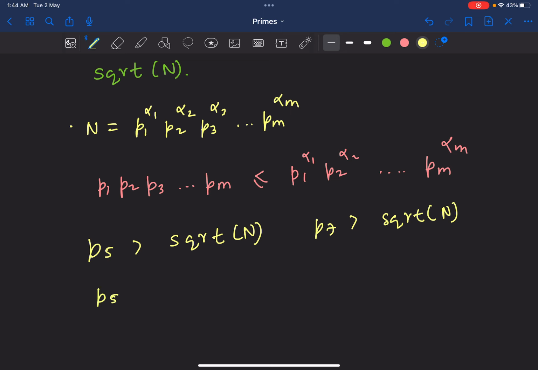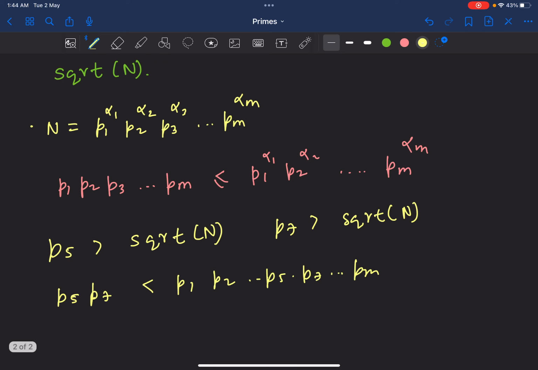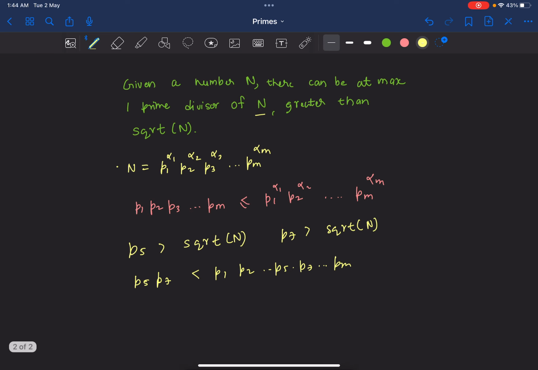Okay, now can we say that p5 times p7 is less than or equal to p1 times p2 times p5 times p7 times pm, and this is less than or equal to p1 to the power alpha 1, p2 to the power alpha 2, pm to the power alpha m.